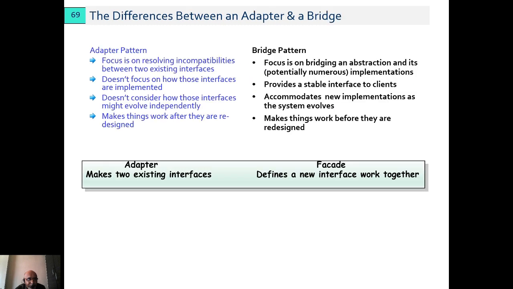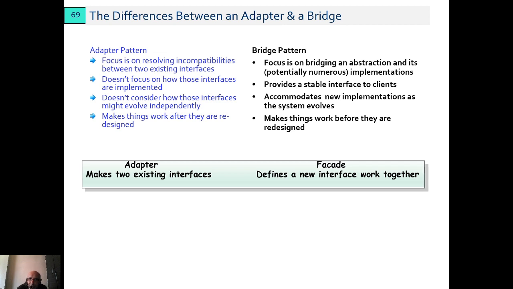Adapter and bridge, similarly, the differences: we will take just one difference. Adapter makes two existing interfaces work together, and bridge defines a new interface, that is a uniform interface. In adapter, focus is on resolving incompatibilities between two existing interfaces, but in bridge, focus is on bridging an abstraction and its potentially numerous implementations.